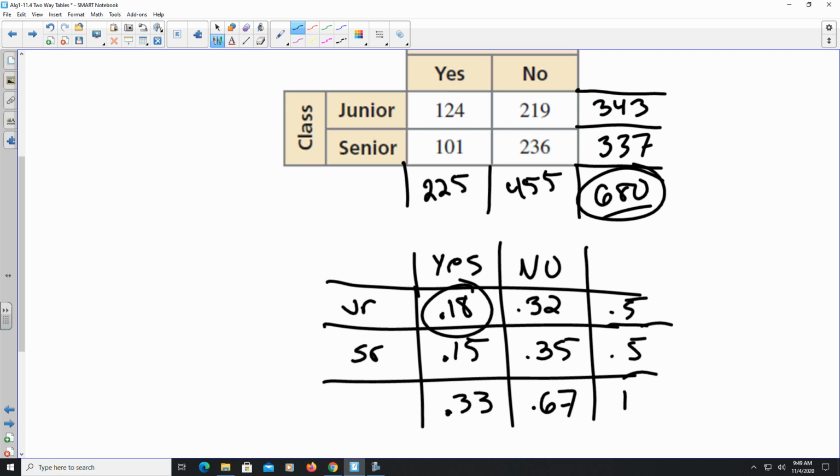If I looked at this one here, you could say that about 35% of the students that are seniors are not planning on majoring in a medical field. This stat here says that about 50% of the students in the survey were juniors and about 50% of the students in the survey were seniors. So that is how you can interpret this with respect to the original two-way table.